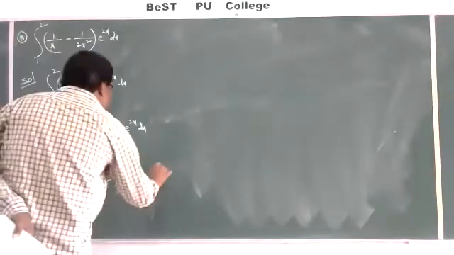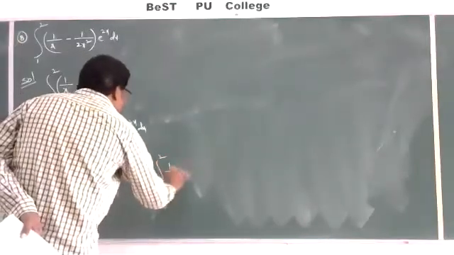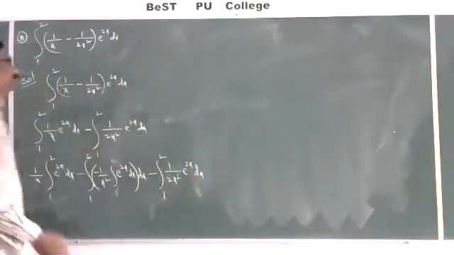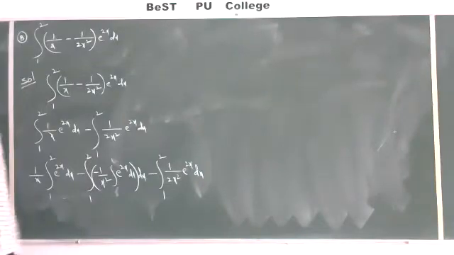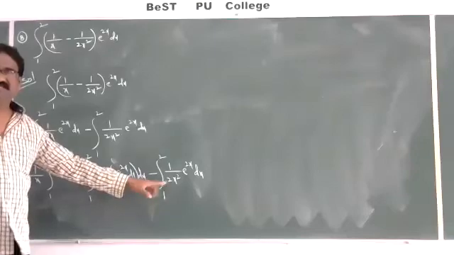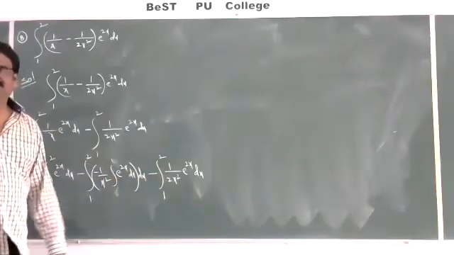Already here, minus integral 1 to 2, 1 by 2x square into e power 2x dx. Don't apply the integration for this integral. Just write the same function.